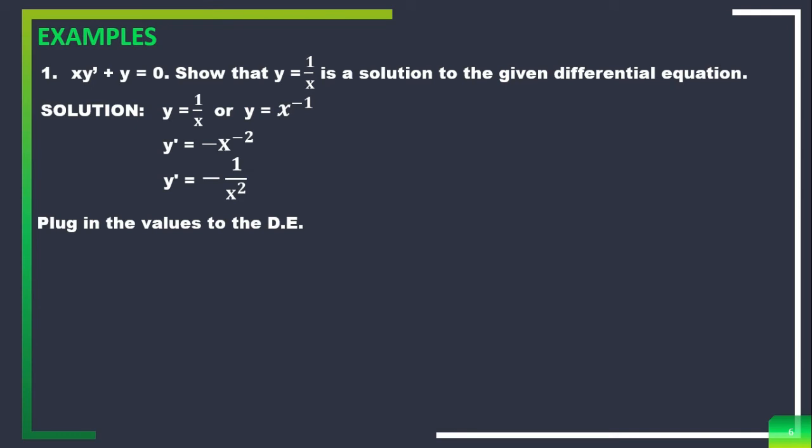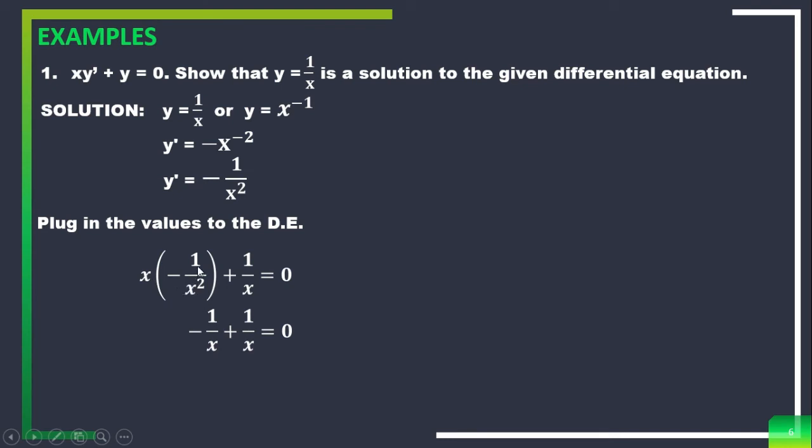So, we'll write the x, and plug in the value of our first derivative, which is negative 1 over x squared, plus y, plug in the value of y, 1 over x, is equal to 0. And we will do the math. We can have negative 1 over x, since x and x will be cancelled here.